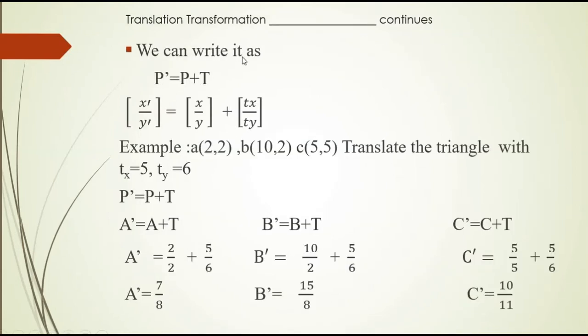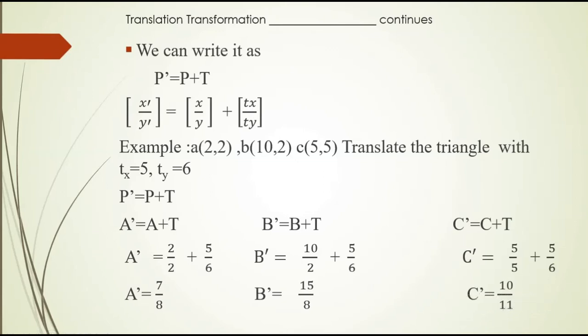We can write it as P dash is equal to P plus T. P dash means x dash upon y dash is equal to P, x upon y, plus T, which is tx upon ty. Simply, we write it in matrix form.